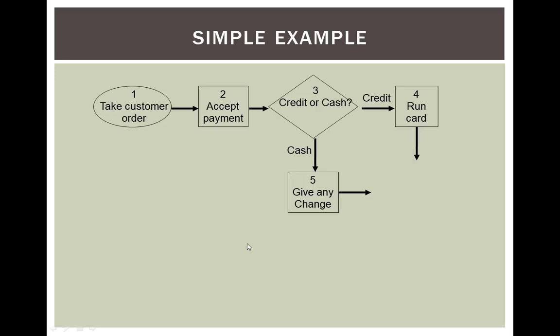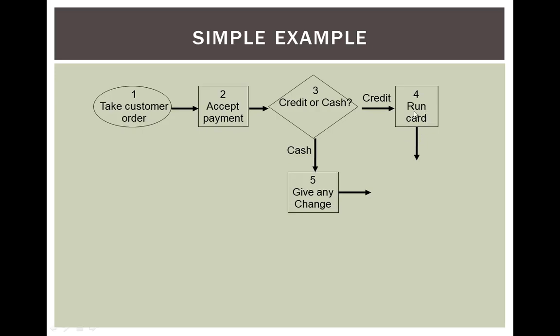All right, here is a simple example: take the customer order. Number one, we start. And this is not a complete one by any means, right? We start here. We accept a payment. Is it credit or cash? Here's our decision. If it's credit, then we do what? We've got to go over here and run through that.